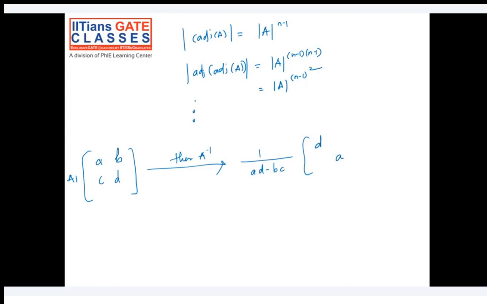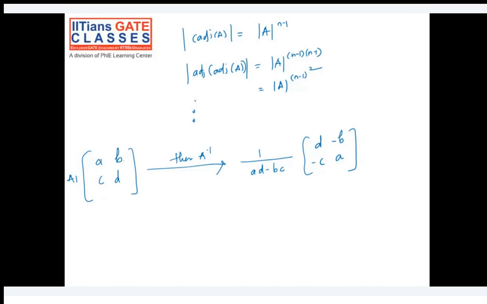Directly we can write, because for this element the cofactor is D, for this element the cofactor is A, and for the other elements it is minus B and minus C, and after taking transpose they come to their original place. So that's why we can write it like this.